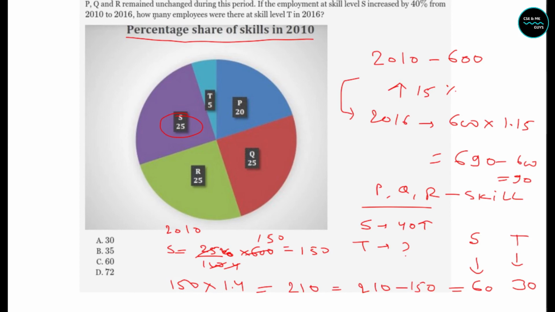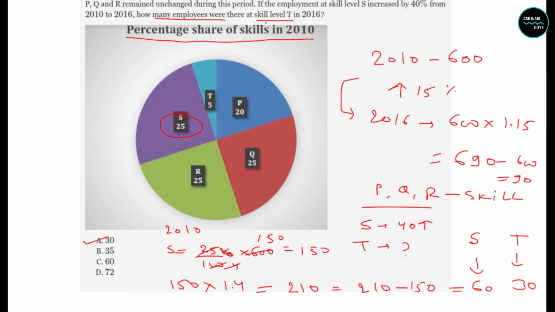That's what I asked: how many employees are in T? And there are 30 people increased.